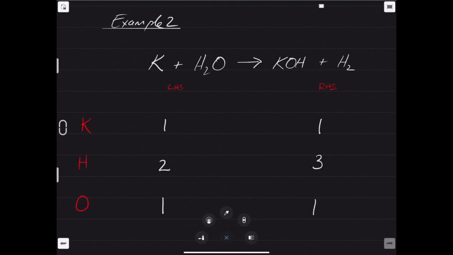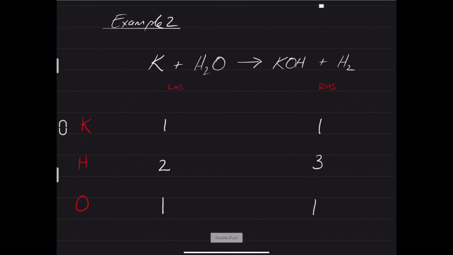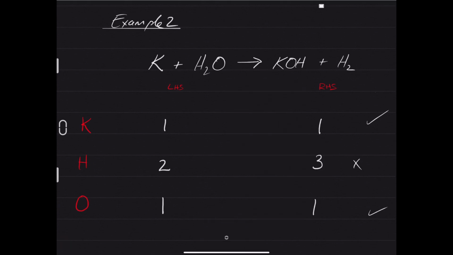So, actually, let's identify it. We know here, this is not balanced, this is balanced, and this is balanced. On our first run through, we have identified the problem existing at the hydrogens. So let's try and correct this on our second round.